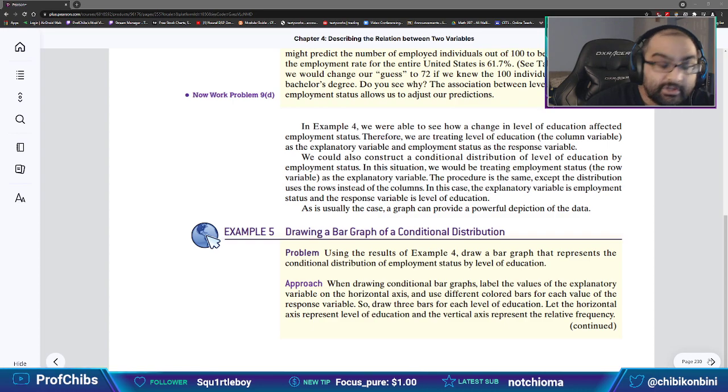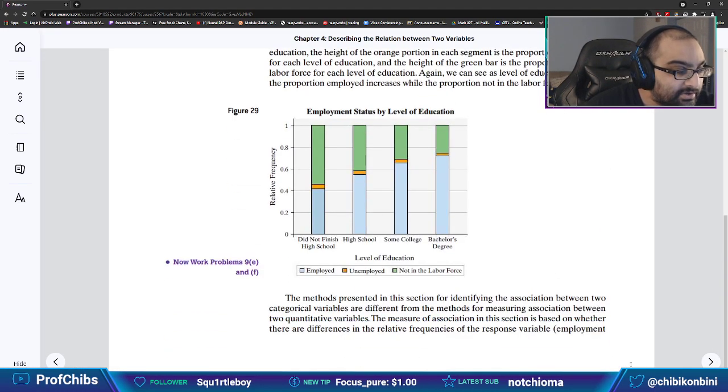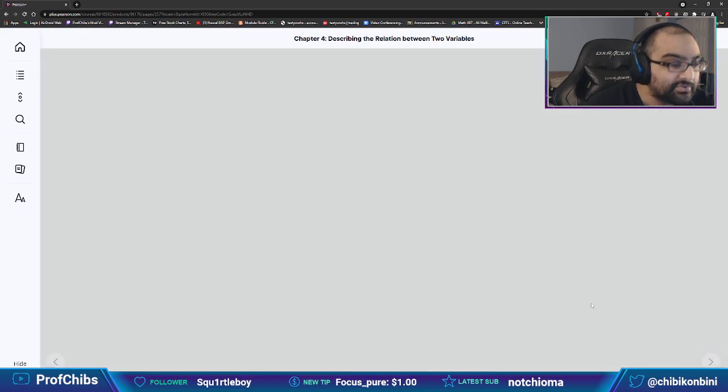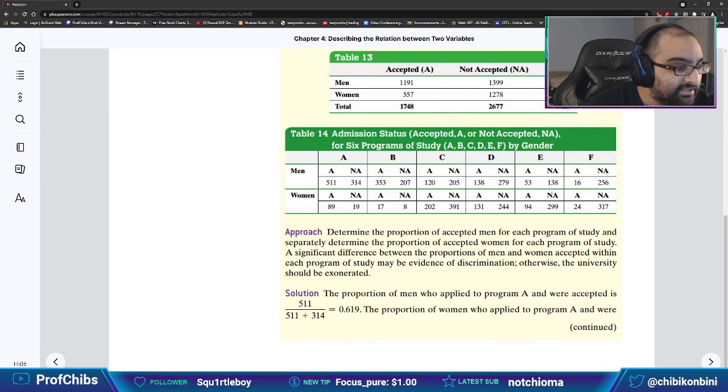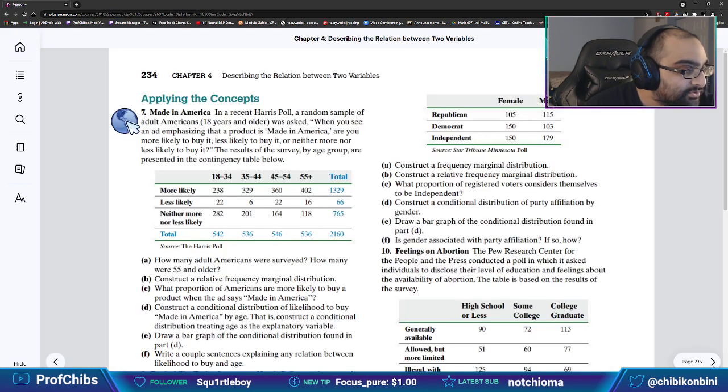Now, let's take a look at a question. Let's go through it together, because all I've shown you is just some tables, but I haven't actually written anything down. So I figure it's probably a good idea if we actually look at an actual example.